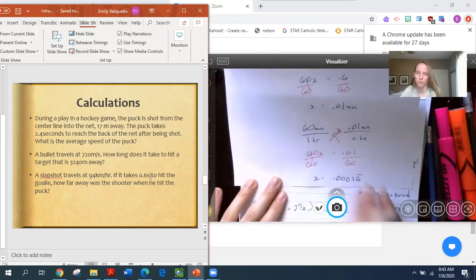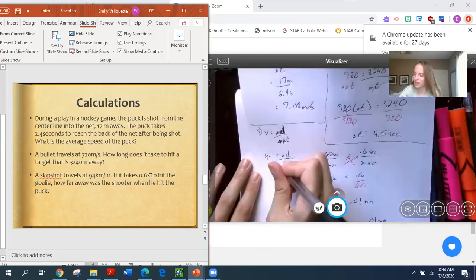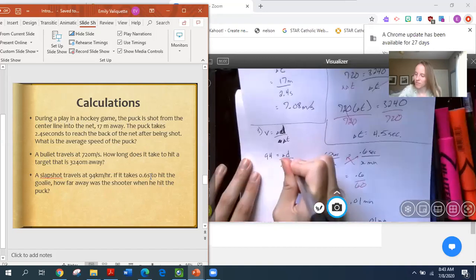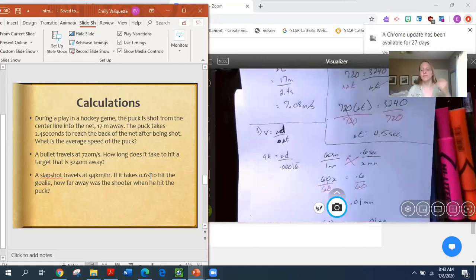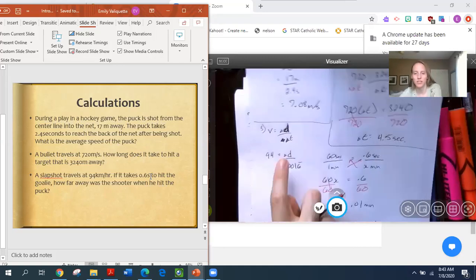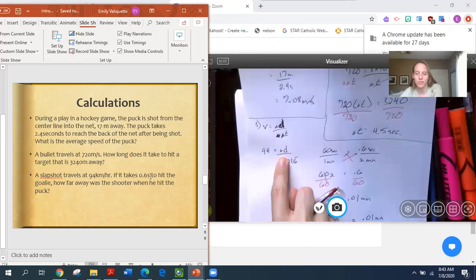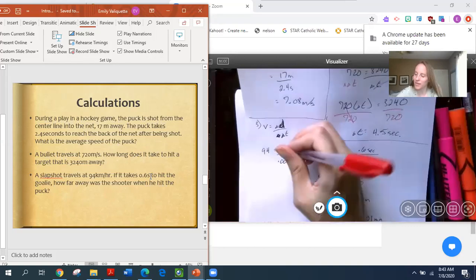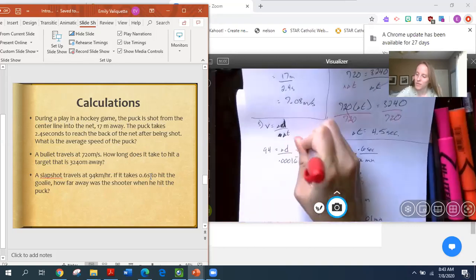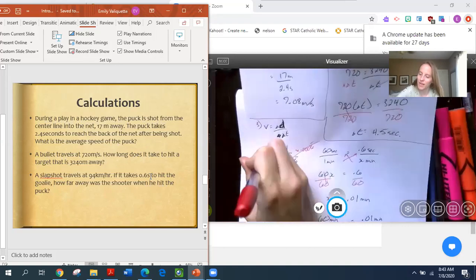So I will go back to this formula up here, plug in my change in time. And now to solve for my change in distance, I of course just multiply by whatever's on the bottom here. Do the same to the other side.